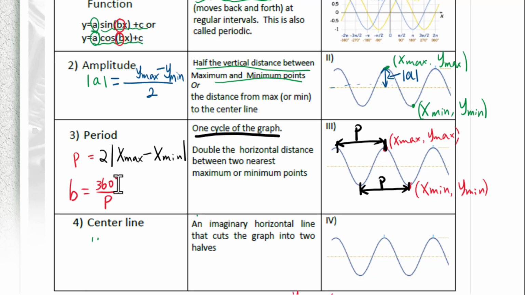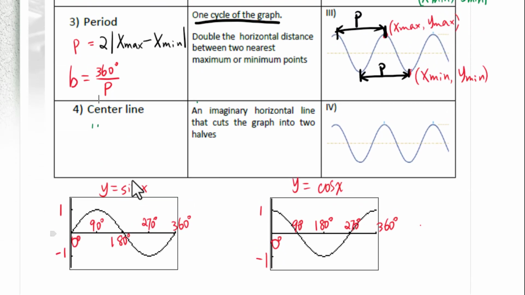Where is 360 degree from? Let's go to y equals sin x and y equals cosine x graph. From both graphs, you could see the period for sin x and cosine x is 360 degree.